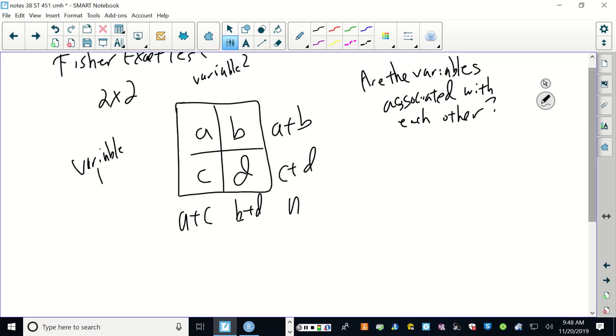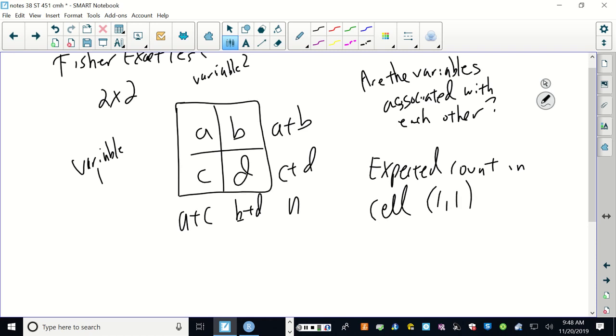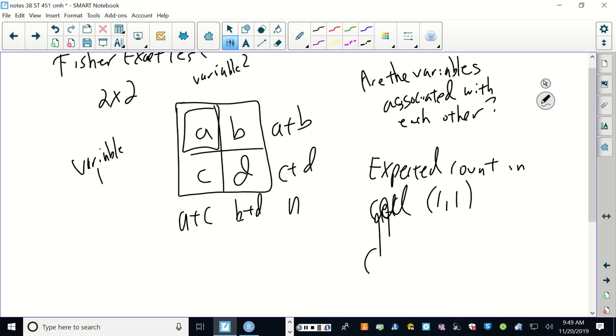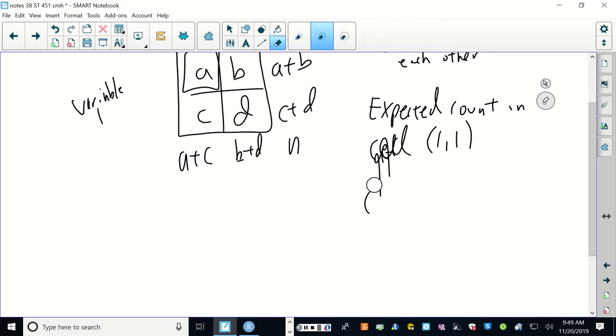If they are, the expected count in cell 1-1, where we observed A, is calculated as the row. Oh, darn it.